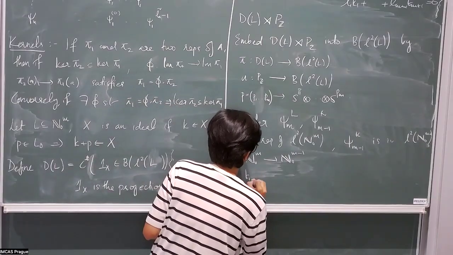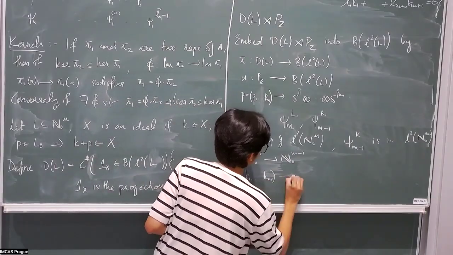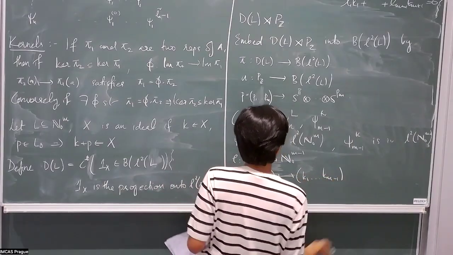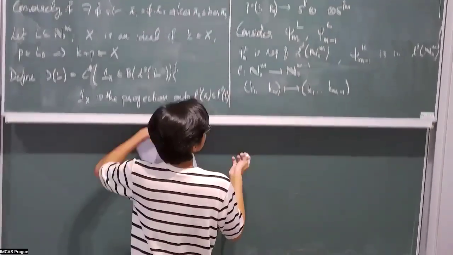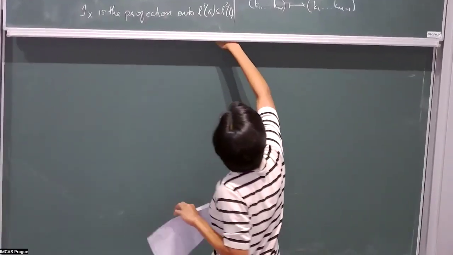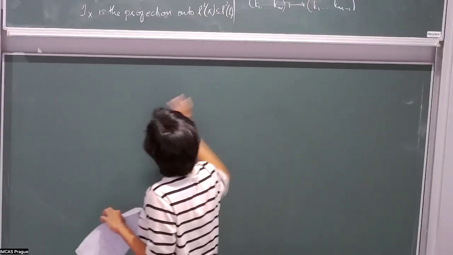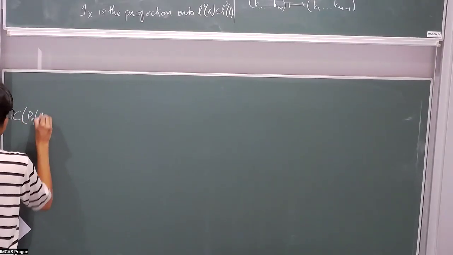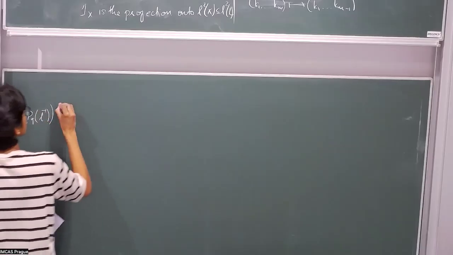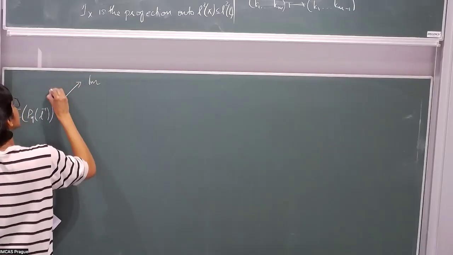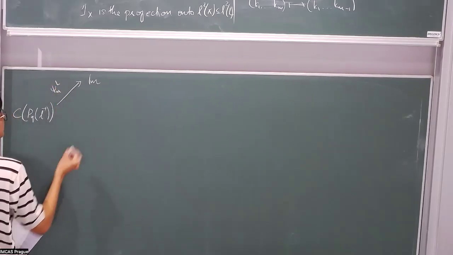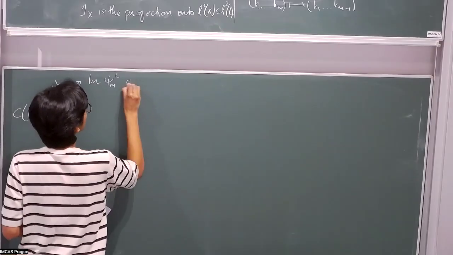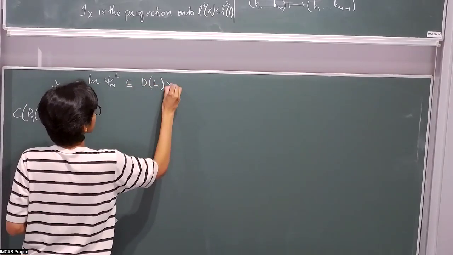So if I have k1 through km, then I just map it to k1, etc., km minus 1. So what happens here is that I have my C star algebra, and if I apply psi m L, then I have this guy, and this sits inside.